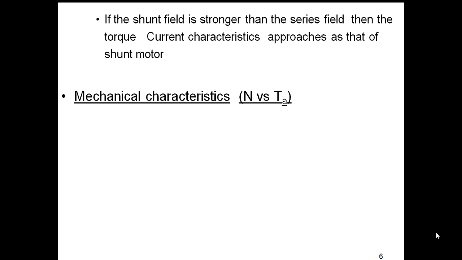Now let us see the other characteristics, which is nothing but mechanical characteristics drawn between the speed N and the armature torque TA.